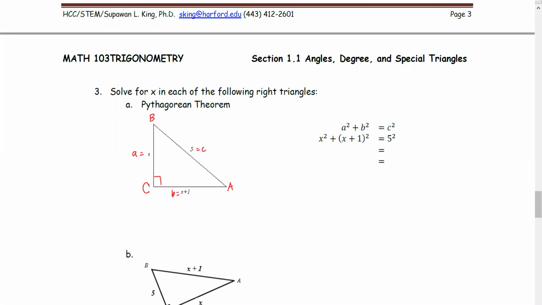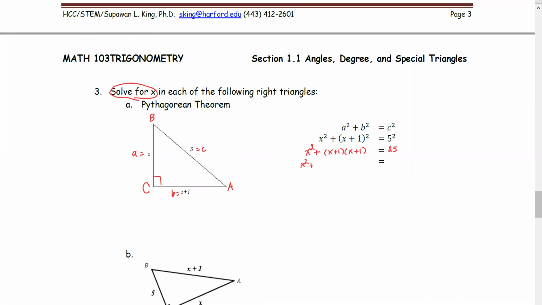Okay. a squared is x squared, b squared is x plus 1 quantity squared, equals c squared, or 5 squared. So we are going to find the value of x. That's the goal. So let's simplify. So x squared plus x plus 1 all squared, that's a perfect square. x plus 1 times x plus 1 equals 25.